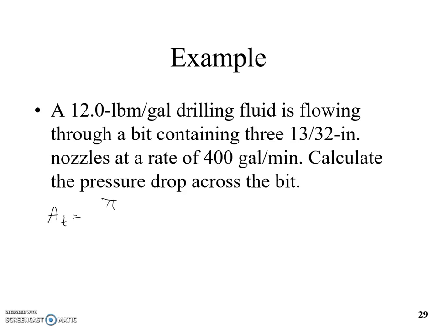pi over, these are circular nozzles, right? And when we talk about 13/32 inch nozzles, that's the diameter of those nozzles. So what we need to do is calculate the cross-sectional area of a circular nozzle, which is pi over 4, and with the conversion factor that we will apply later. So let's just write pi over 4, and then that's 3 of these 13/32 inches squared.